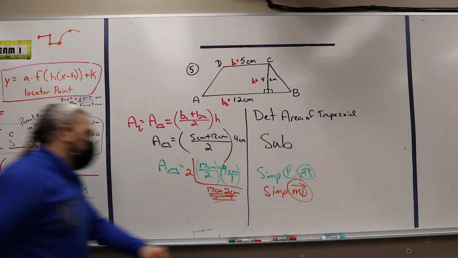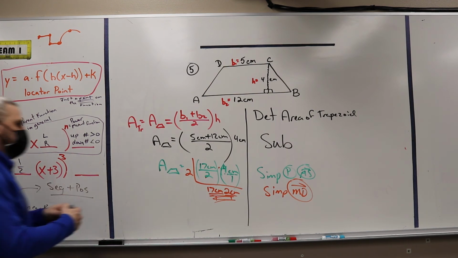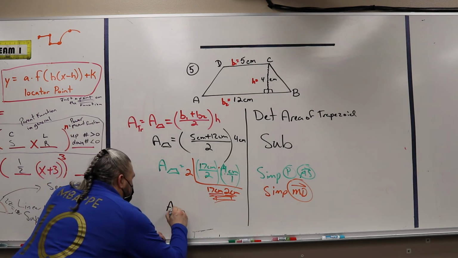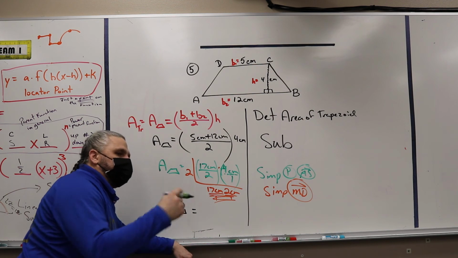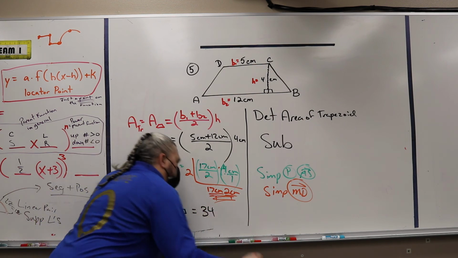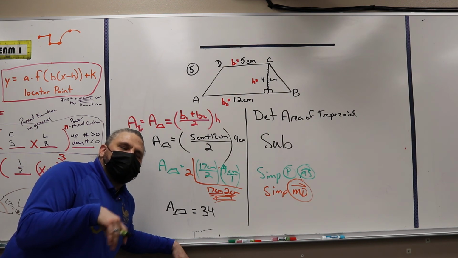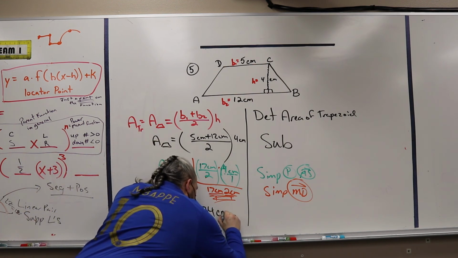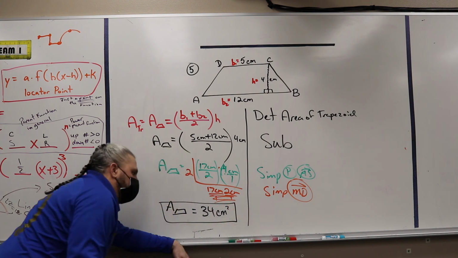Now you multiply the 17 cm by the 2 cm. You get 34. So the area of a trapezoid is 2 times 17, which is 34, and cm times cm is centimeters squared.